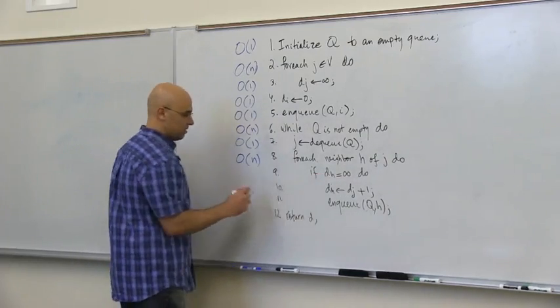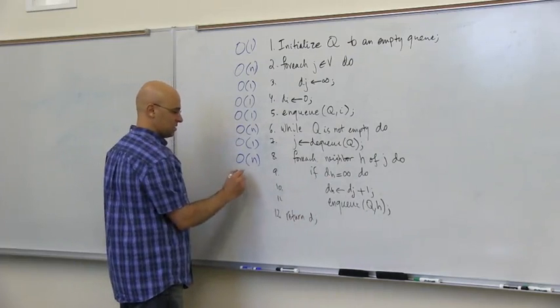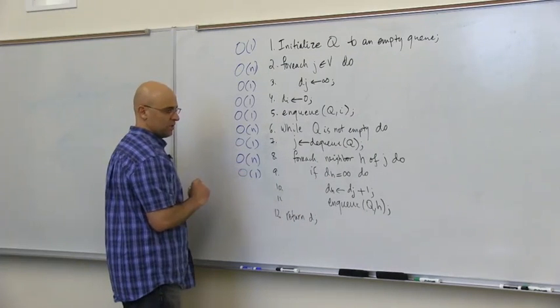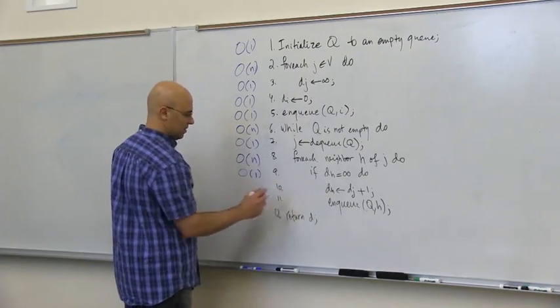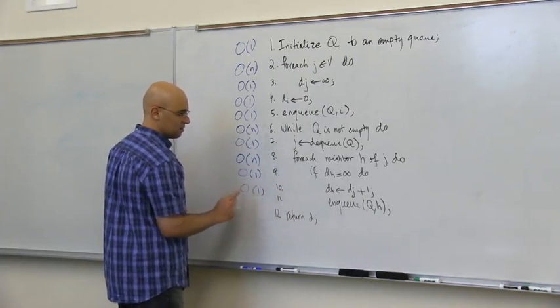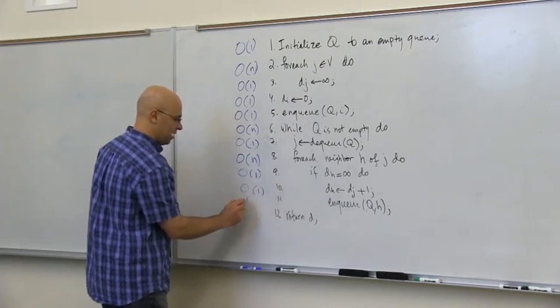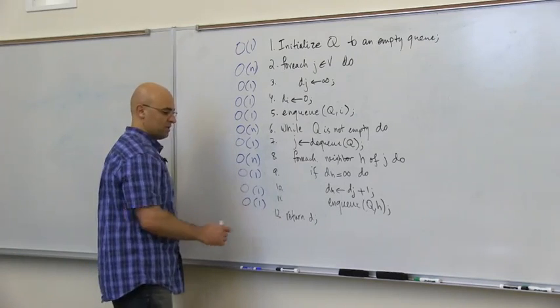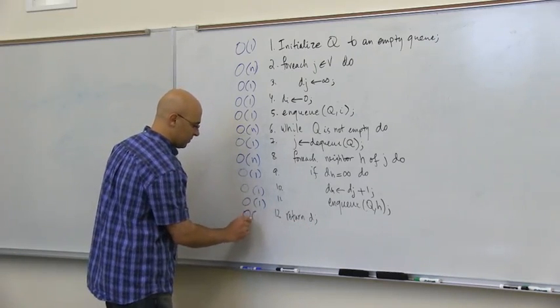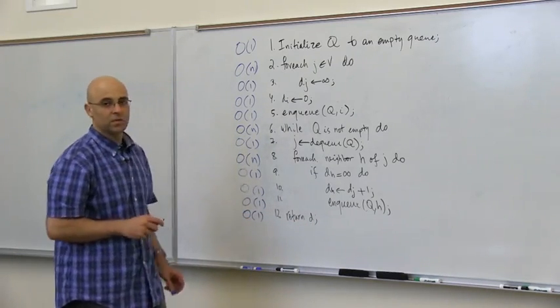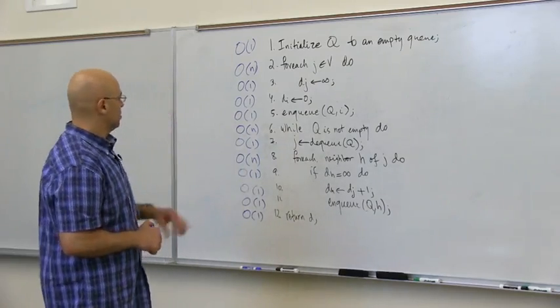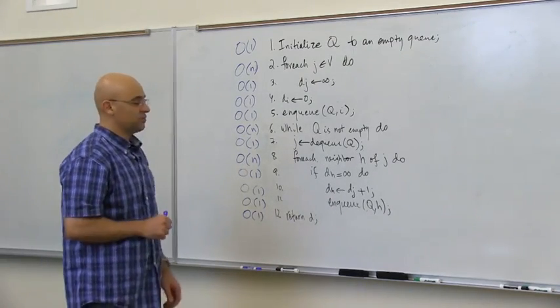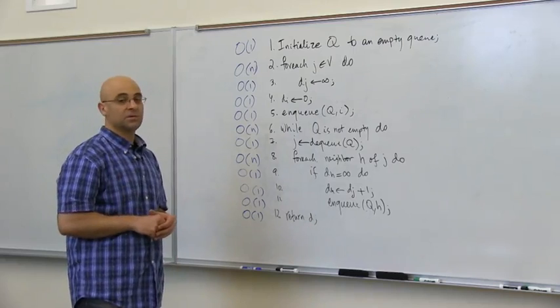This statement here, the if statement, is a simple condition to test. It's just a fixed amount of time. This simple assignment here is a fixed amount of time. Adding something to the queue is also a fixed amount of time. The return is O of 1. Okay? So now that we have these numbers for every line, how long does this algorithm take?